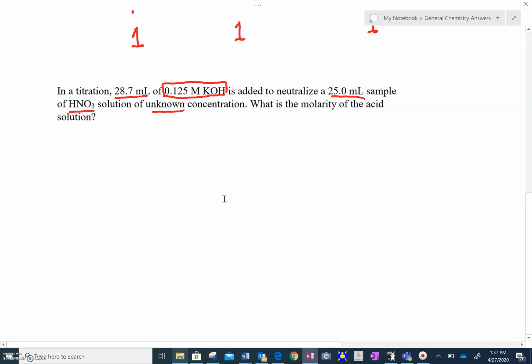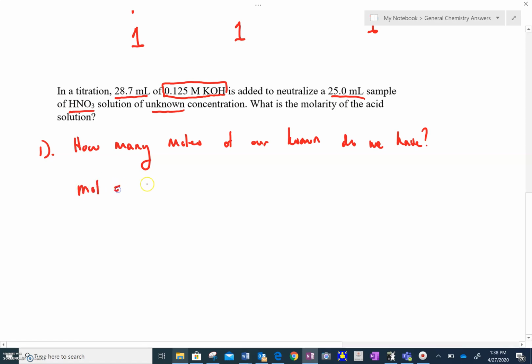We're going to break this down into a few steps. Step 1: how many moles of our known do we have? This is going to be the starting point. So the first thing we want to do is find our number of moles of our known. We are going to say moles is equal to molarity times liters.